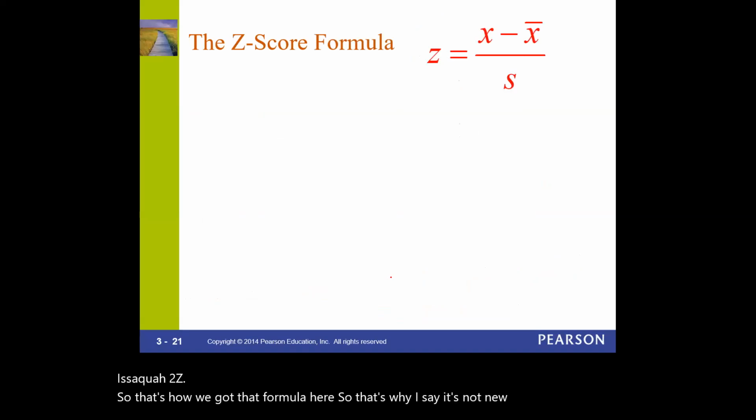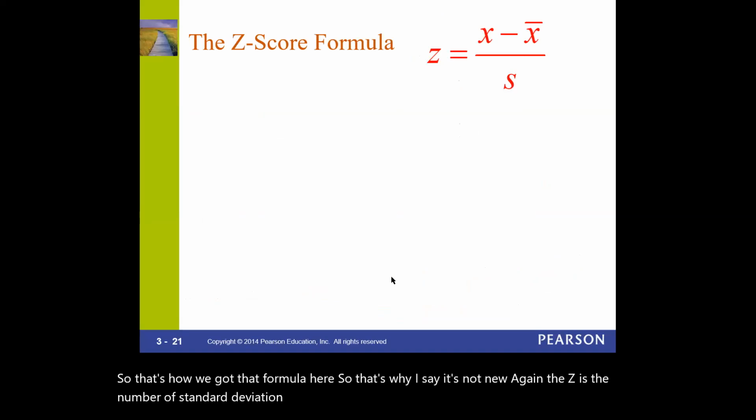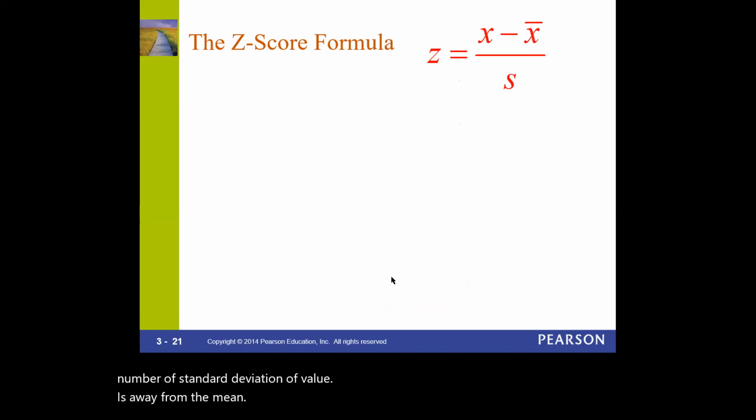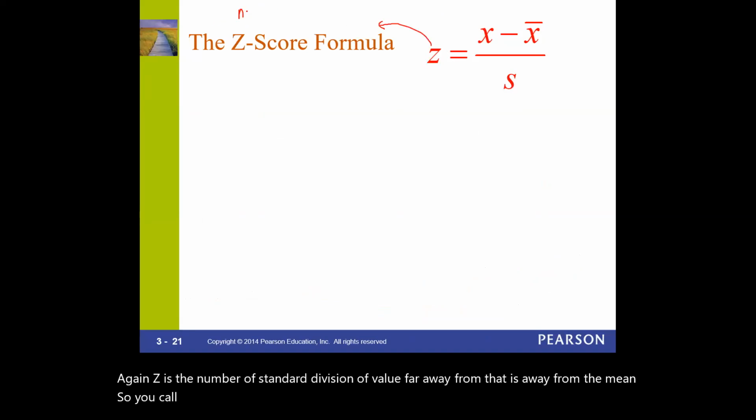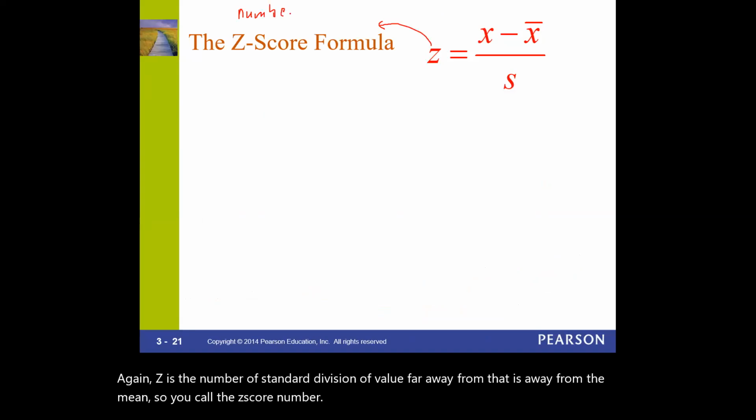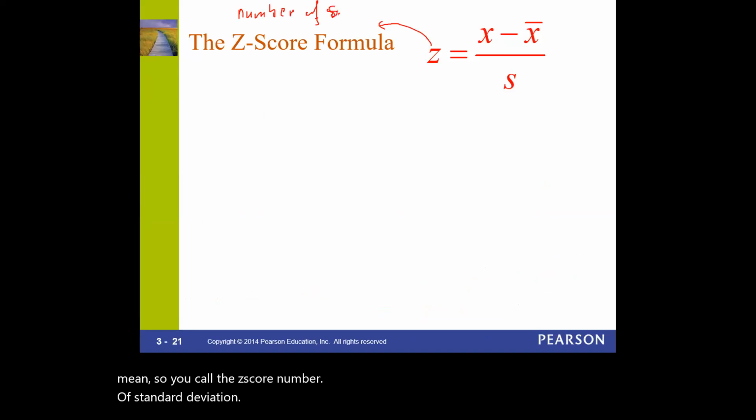Again, the z is the number of standard deviations a value is away from the mean. So we call it the z-score, the number of standard deviations.